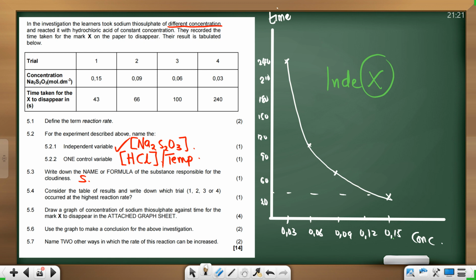So, guys, okay, I see your argument here. No, time is not independent. Time is dependent. Time is what is measured. Okay, I hope we got that. Independent is what you are changing. And what we are changing here is the concentration. So concentration is on the X index. All right. You know why you're saying time is the independent?